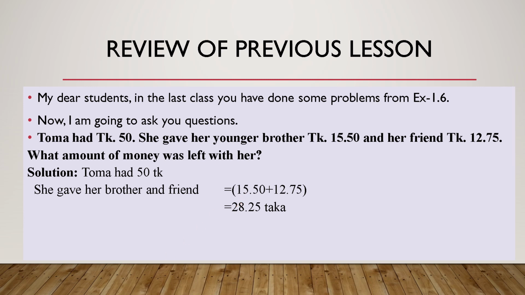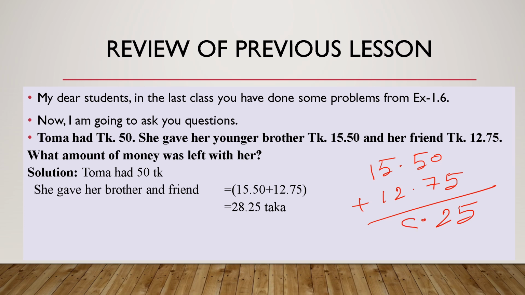Or again I can show you, 15.50 plus 12.75. You can see 5, 7 5s are 12, decimal, 5 2s are 7, plus 1 that is 8, and 1 plus 1 is 2. So this is the addition: 28.25.